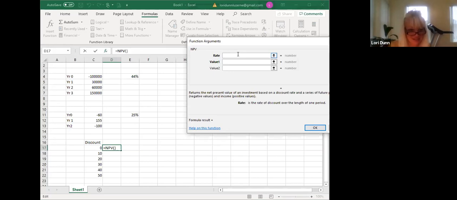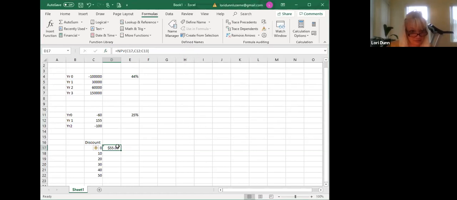First, I'm going to cite C17 as my cell. Then I'm going to cite C12 through C13. And that's wrong because I still need to cite C11. There we go. Hey, I did it.